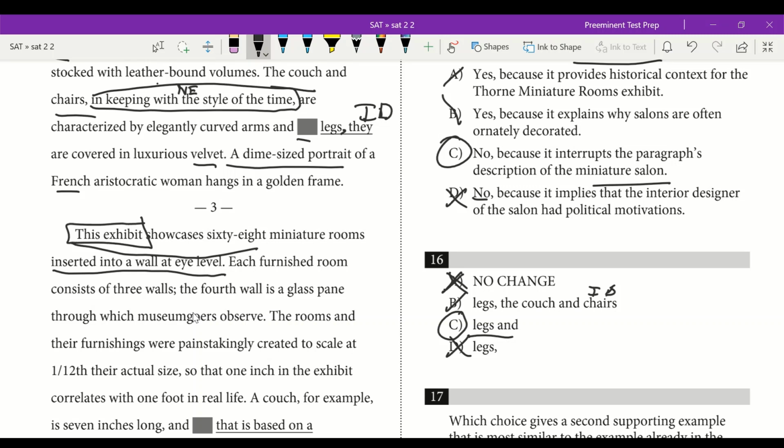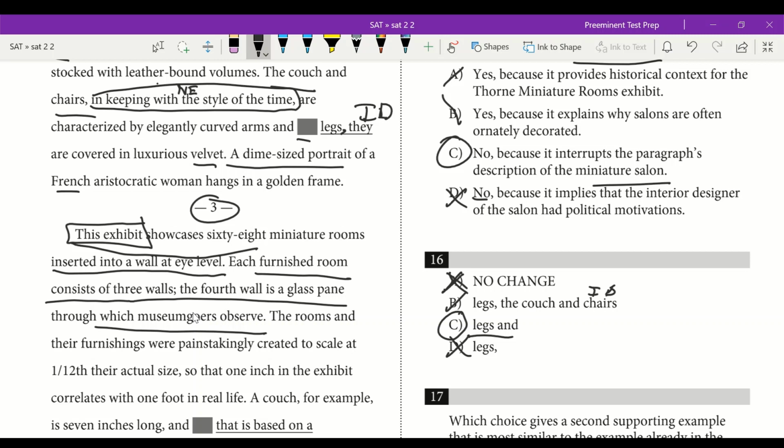So when I see that, I know that my paragraph 2 here should actually come after paragraph 3, because we're giving specific details about this exhibit that she's actually describing. Consists of 3 walls. The 4th wall is a glass pane. She's describing the macro view of it in paragraph 3, but in paragraph 2 she's describing the micro view of specific pieces within it, right?